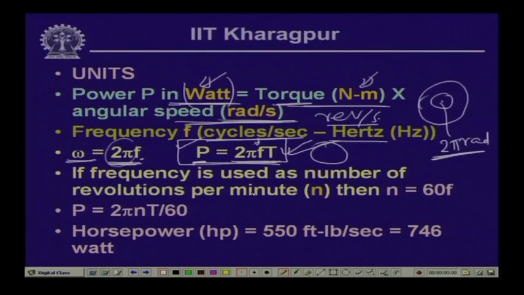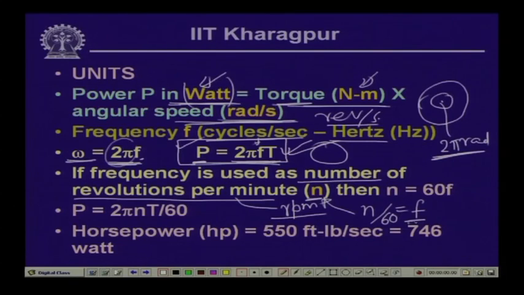Now, sometimes frequency is used as the number of revolutions per minute, and in short we call this RPM, the revolution per minute, and is commonly designated with the notation n. Since it is revolution per minute, n by 60 is equal to f, which is cycle per second.